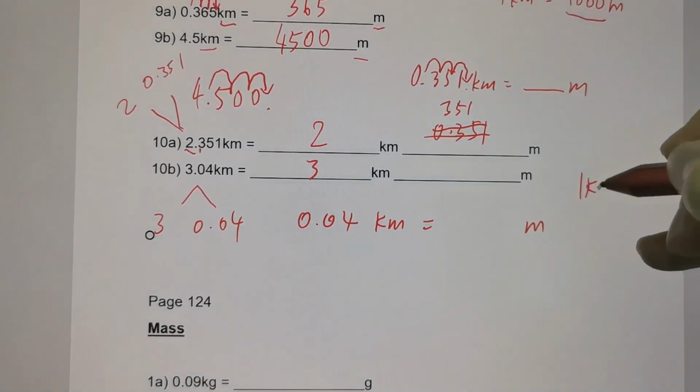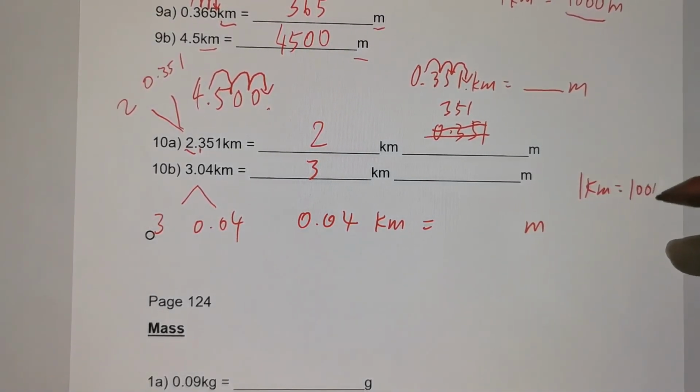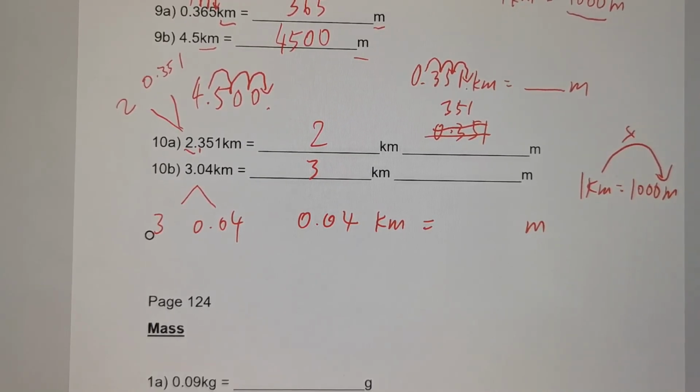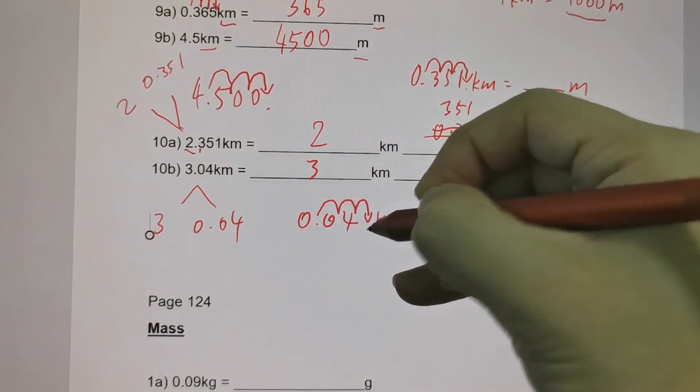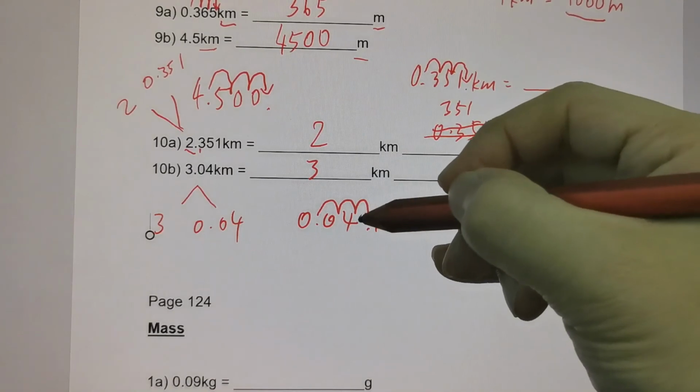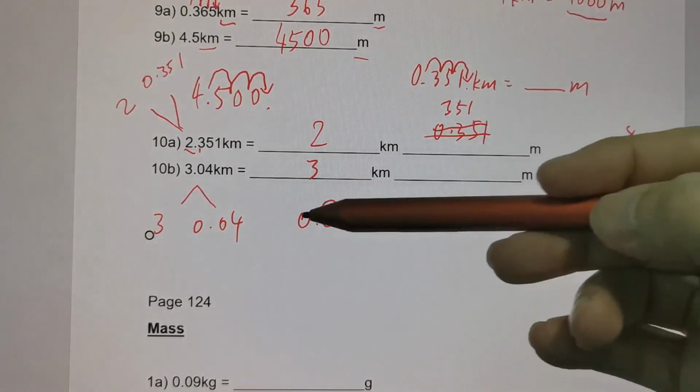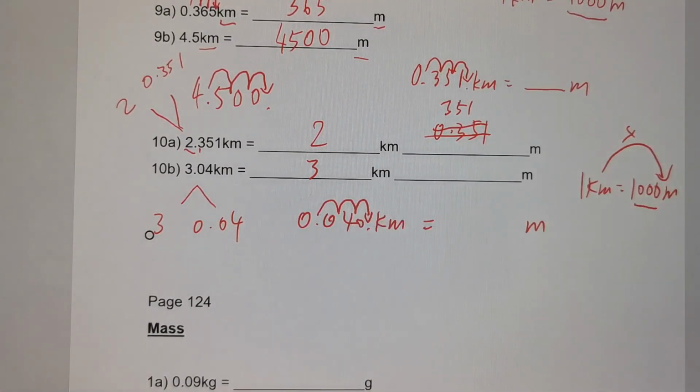Don't forget, in case you have forgotten, kilometers to meters, moving to the right-hand side, so it's multiply. So multiplying by 1000, moving 3 times to the right-hand side. 1, 2, 3. And that's where the decimal is. So every time a roof leaves a number, it is 0040.